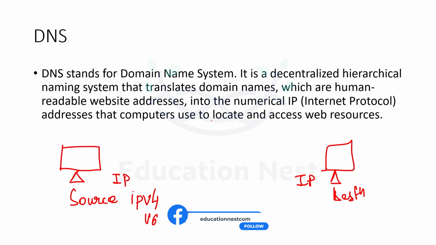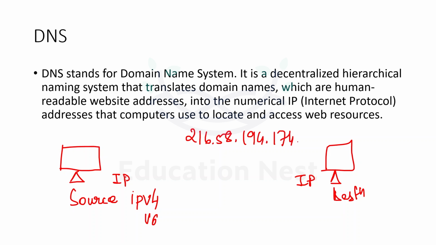Some of the IP addresses that Google uses is 216.58.194.174. What you can do is copy this IP address, try to open it, and see if that works or not.